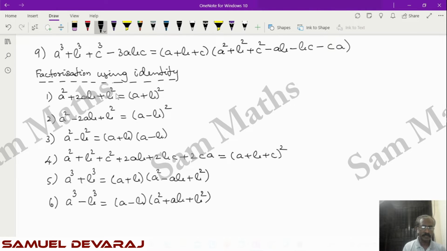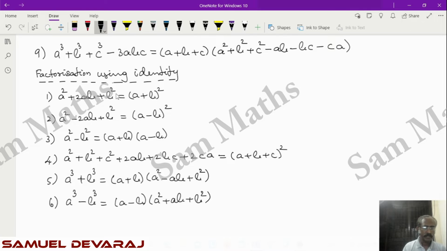The fifth and sixth you have to do carefully. If it is a³ + b³, it is (a + b) first, then in the middle term it will be minus ab. The same thing, a³ − b³ is (a − b) first, then in the middle term you are using plus.